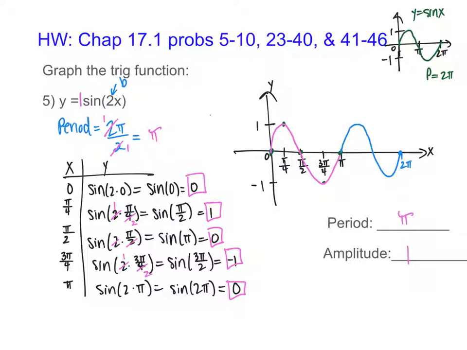So basically what I'm saying is that this picture goes from 0 to 2 pi and there's one cycle. For this equation, you could fit 2 cycles between 0 and 2 pi. So if you were to overlap these, you would have sine going from here to here, and then you could fit 2 of these cycles inside of it. Kind of cool. All right, so in the next slide here, we're going to do it without a table.